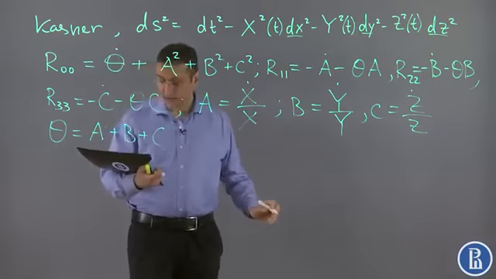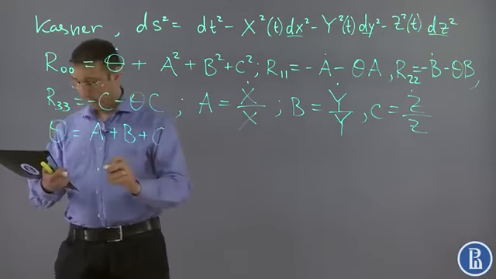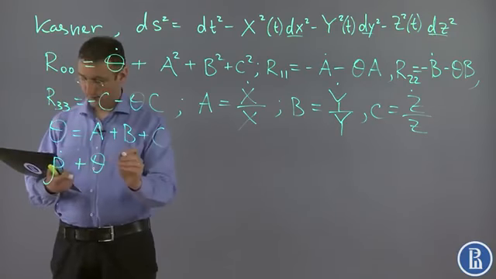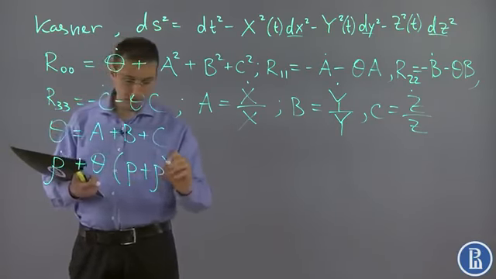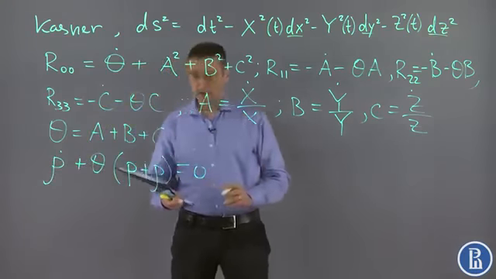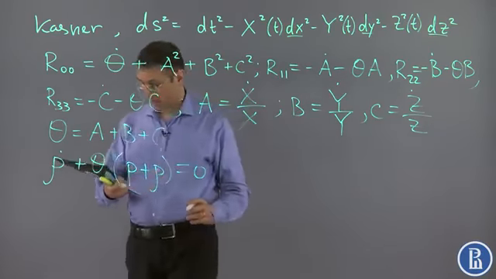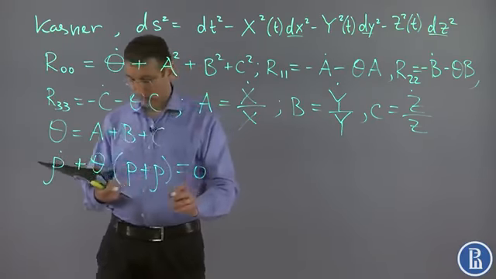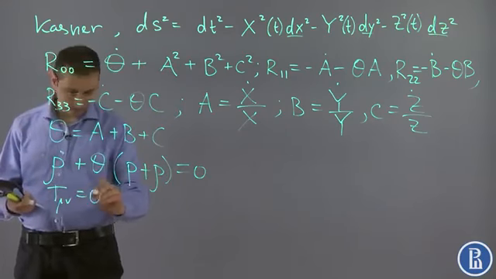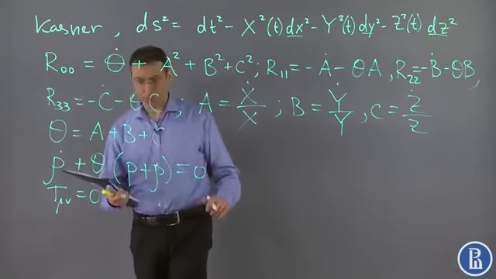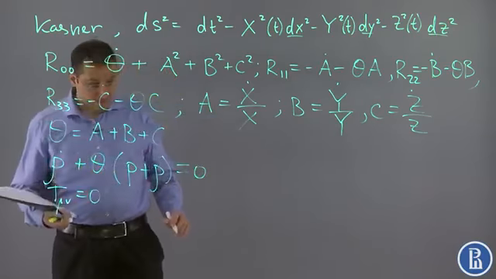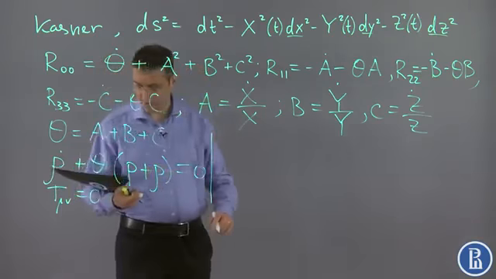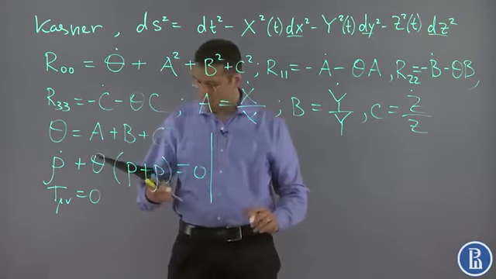Now, the energy momentum conservation condition for this case is rho dot plus theta times p plus rho equals 0, in case p and rho are both non-zero. Because we consider the case of T mu nu equal to 0, both rho and p equal 0, so this equation we don't need, but just for general discussion we listed it here.